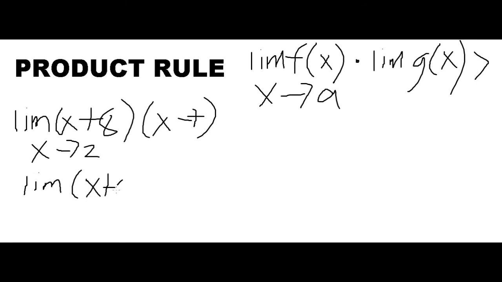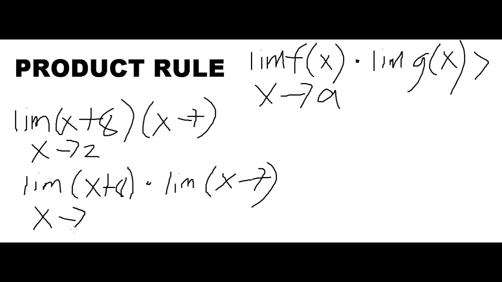So, gamitin natin yung formula na ganito. So, we have limit of x plus 8 times the limit of x minus 7 as x approaches to 2. So, isa-substitute na lang natin kung ano yung value ng x.